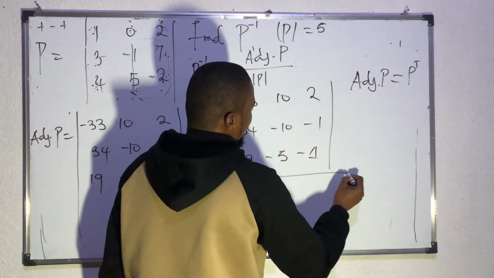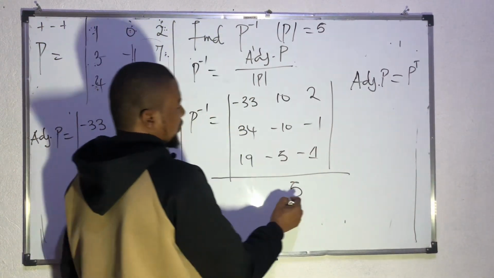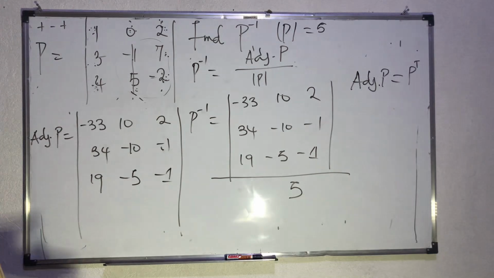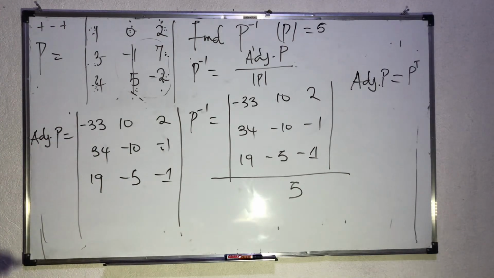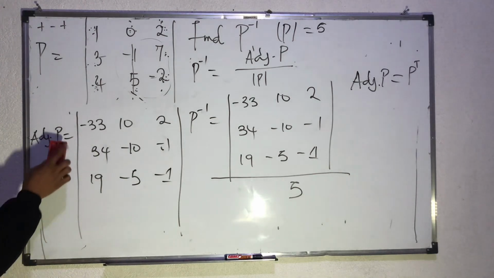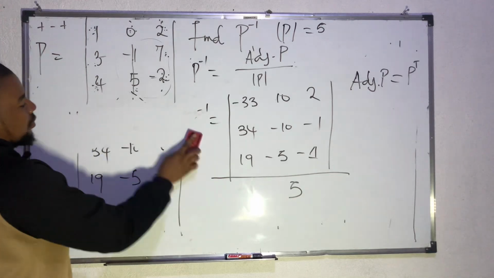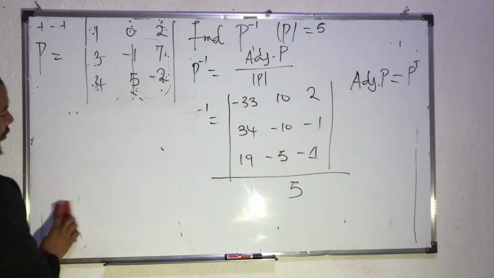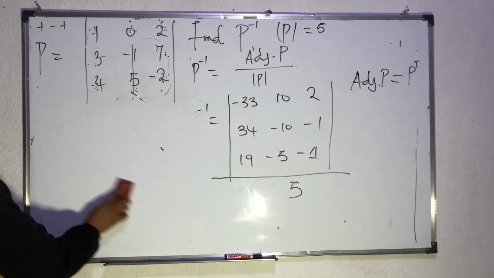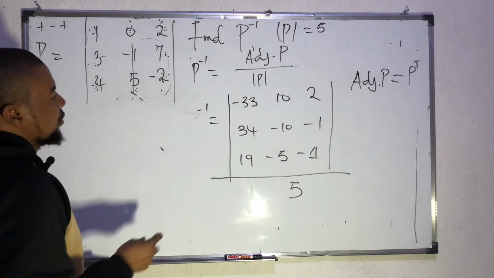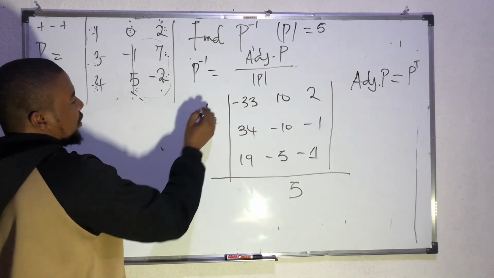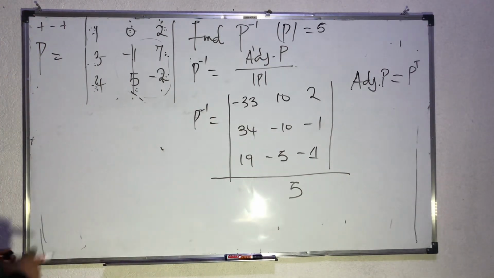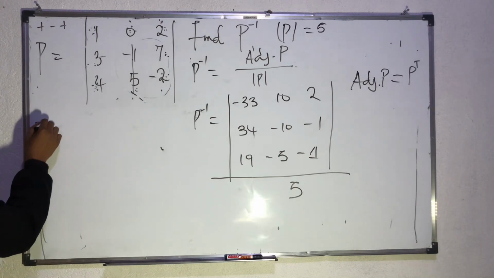All this over 5. So this 5 divides everything inside. And I'm going to copy it up here. This is our P inverse. All right, let's continue with it.